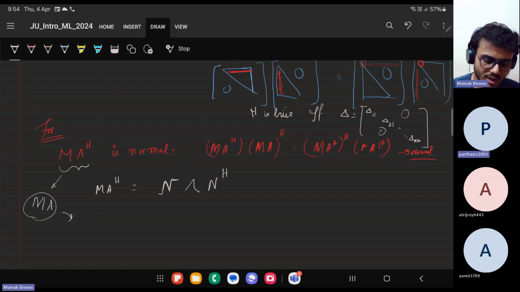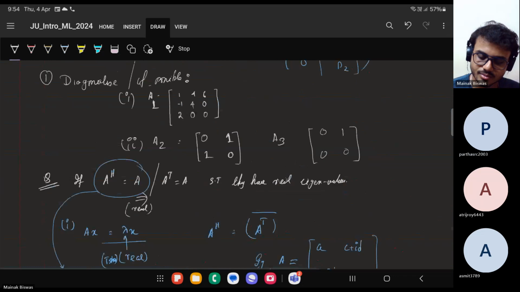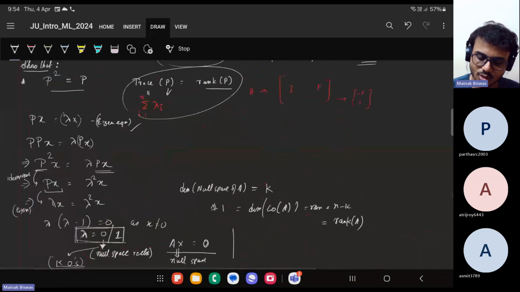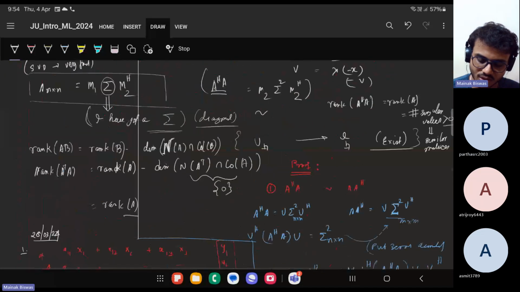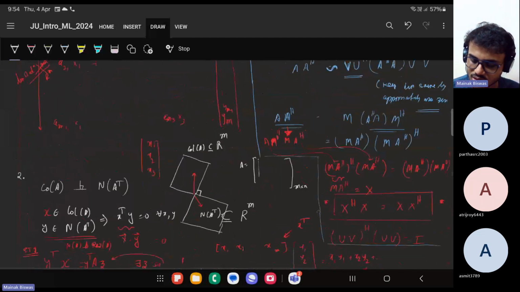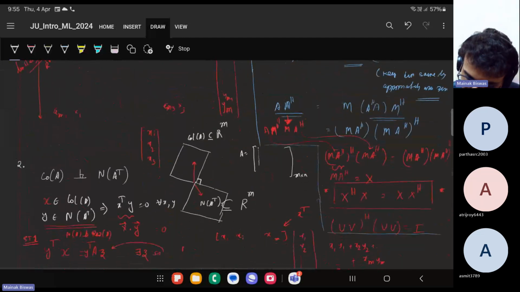If M A Hermitian is normal, MA is also normal. Let us see where is this equation? Sometimes I always get MA first when I solve this equation, but I'm not getting it this time.